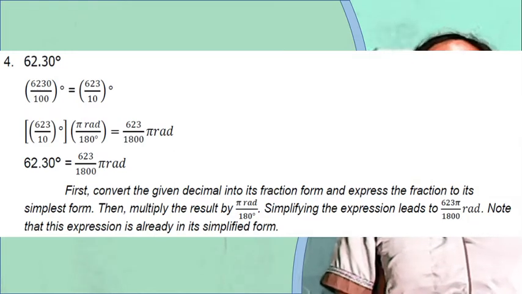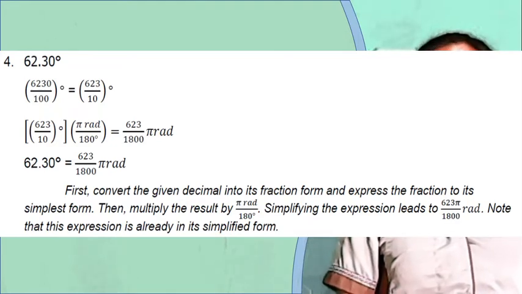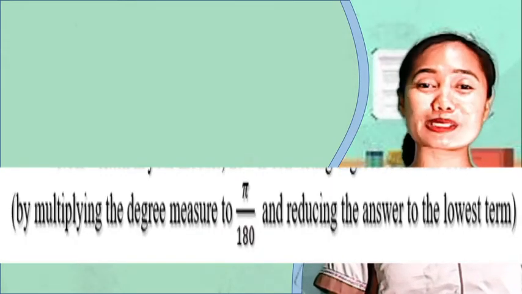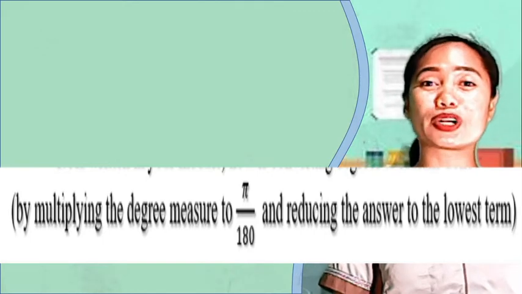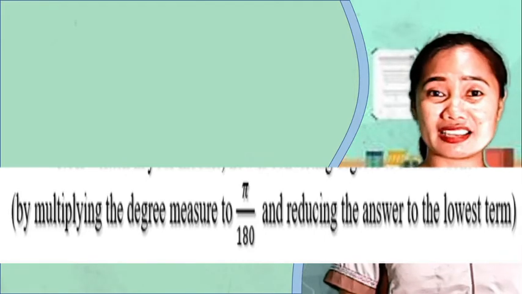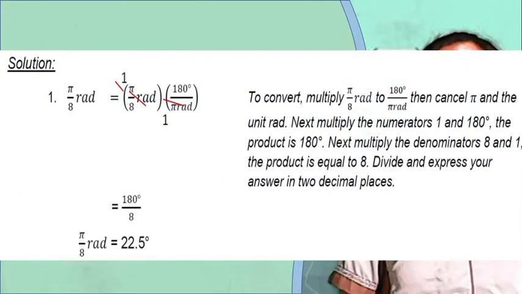If it's the same all throughout from example 1 to example 4, it means that that is the only solution in converting degrees to radians, and that is to multiply the given degree into pi over 180 degrees. And if you are going to reduce that into lowest term, the answers would be in pi radian measure.